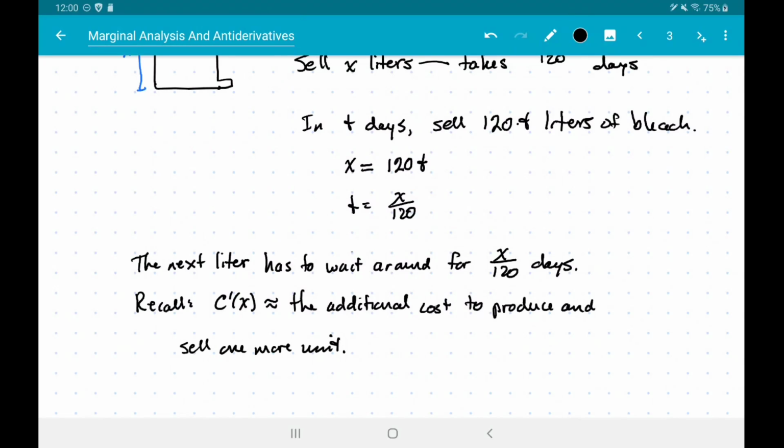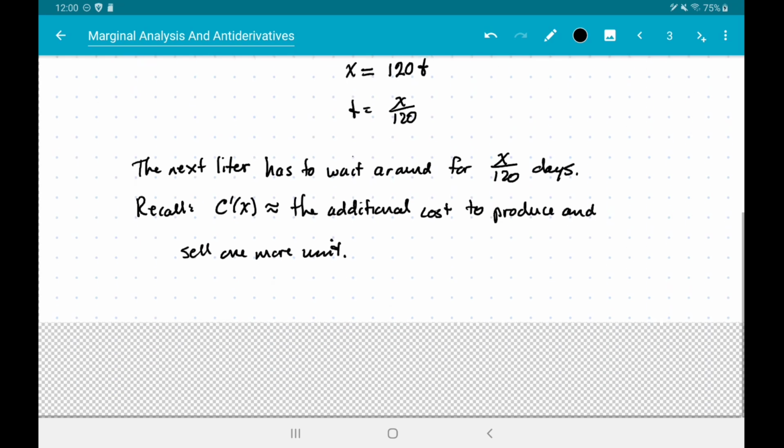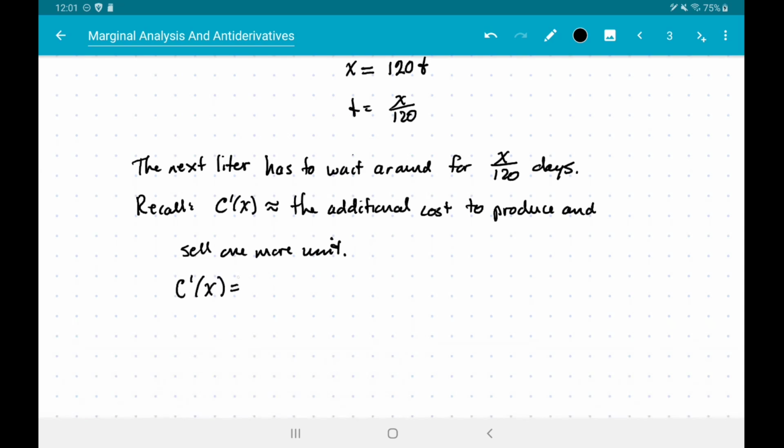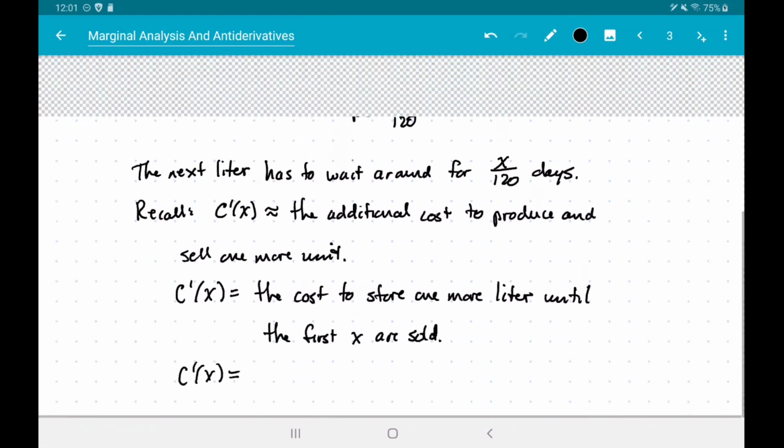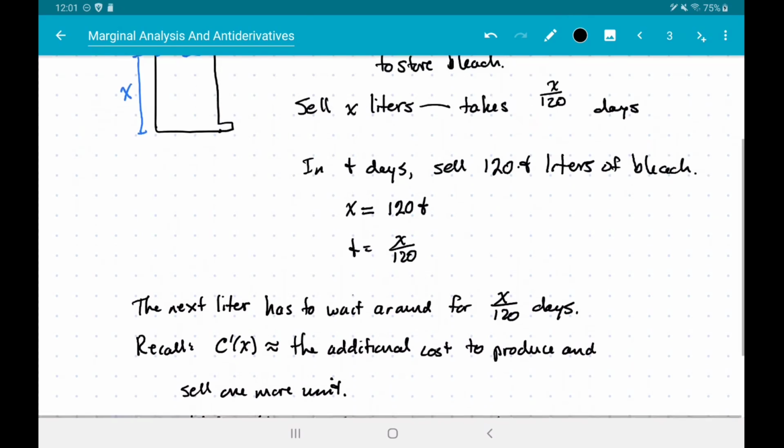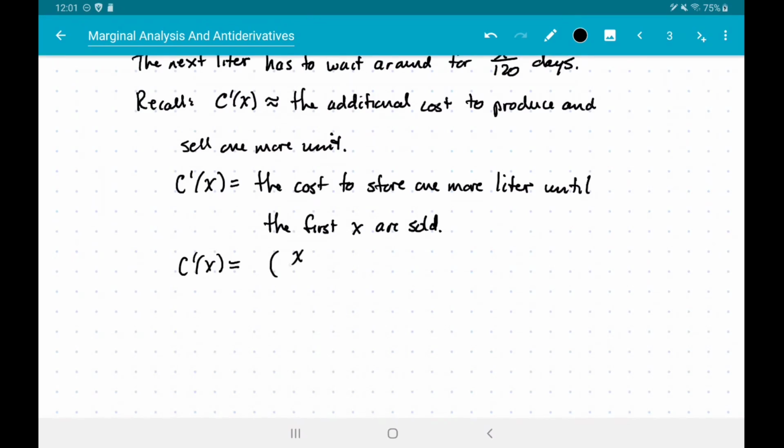So if we've got the first X liters under control and we were imagining what would happen if we wanted to sell an extra unit, C prime of X should be the cost to store one more liter until the first X are sold. And we've just determined that it takes X over 120 days to do that. So X over 120, that's how long.